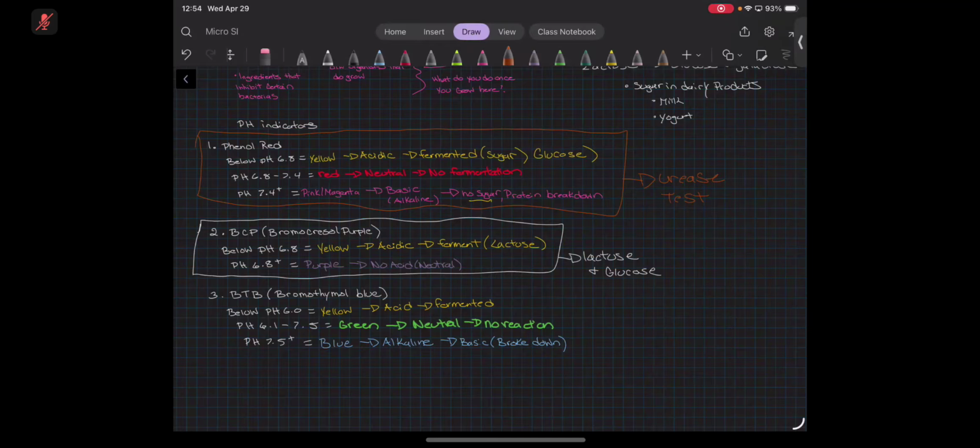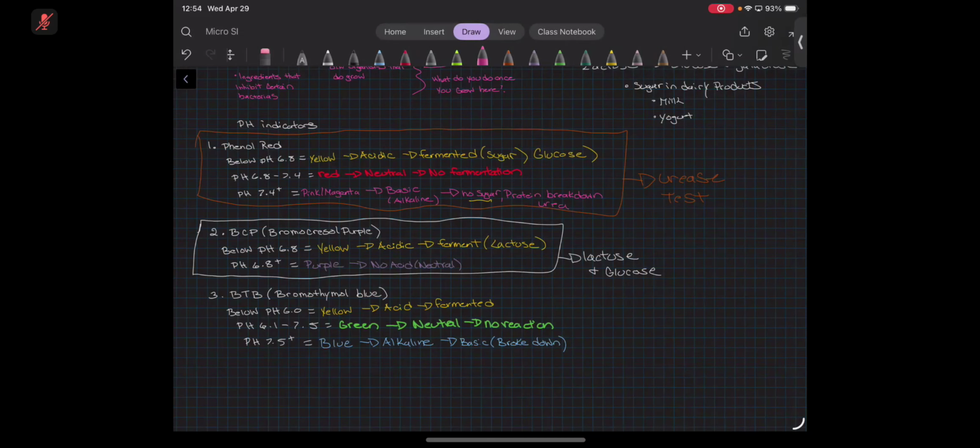You guys need to stop confusing me. If there's contamination and it turned red, you would know there's contamination. So it starts yellow. If it stays yellow and becomes more yellow, it's acidic. If it becomes red, it's neutral. And if it becomes pink, it's breaking down the urea.